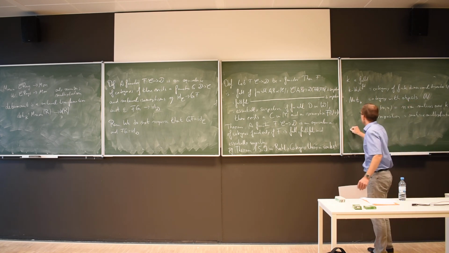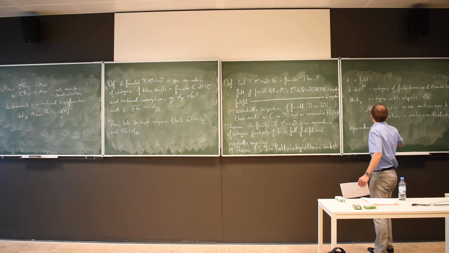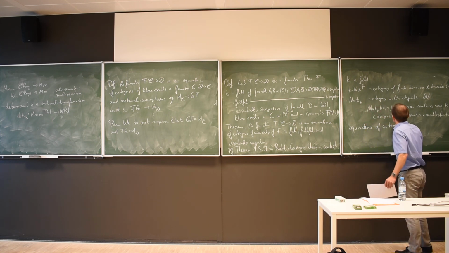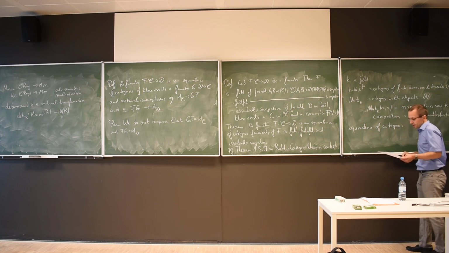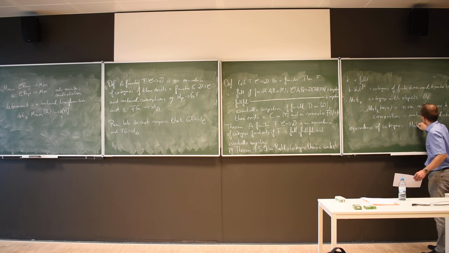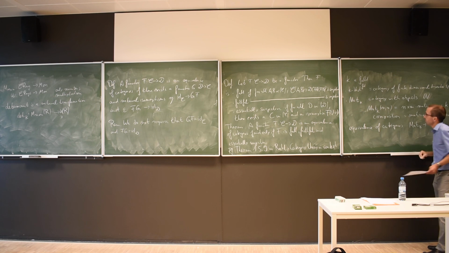And now the observation is that we get an equivalence of categories that goes from this category of matrices to the category of finite dimensional K vector spaces.